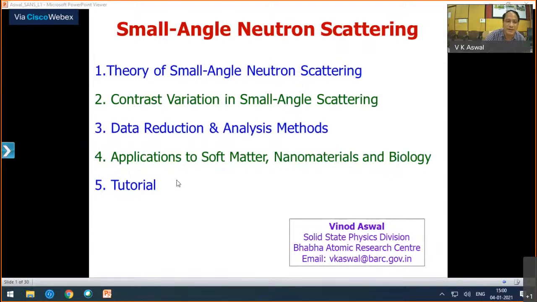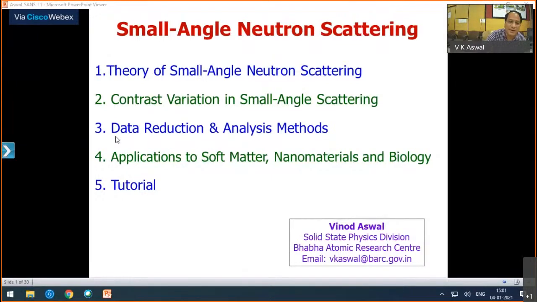The first lecture, which I will cover today, will be on theory of small angle neutron scattering. Then the remaining 4 will start with contrast variation in small angle scattering. We will learn what makes this technique unique, because you can do contrast variation by different means.